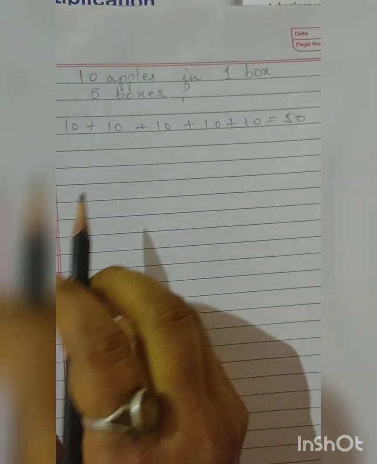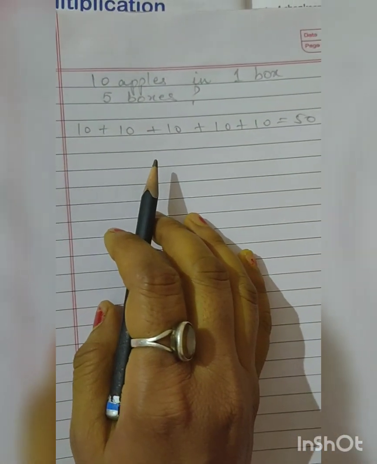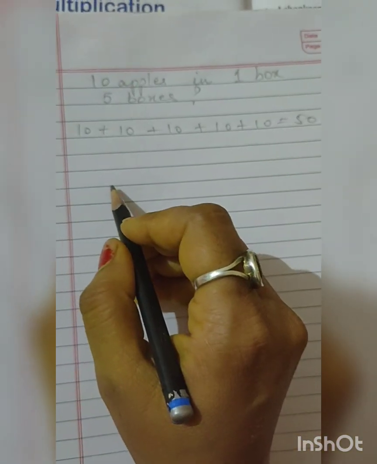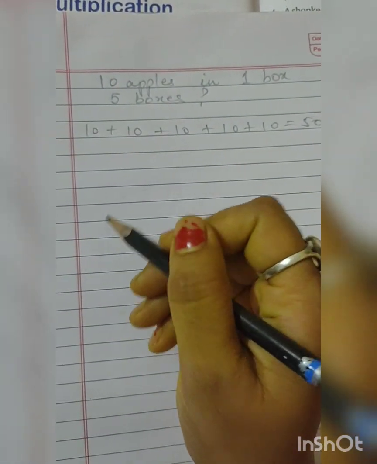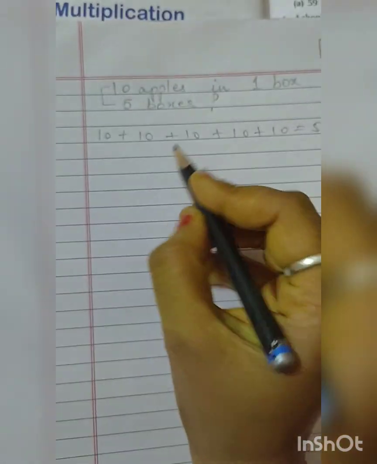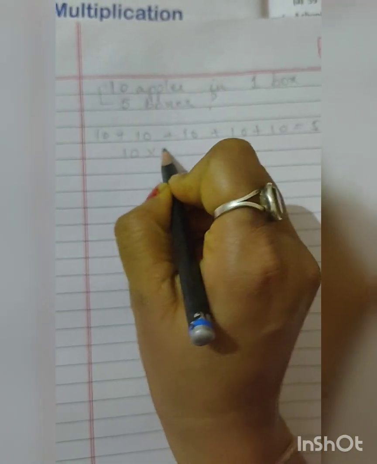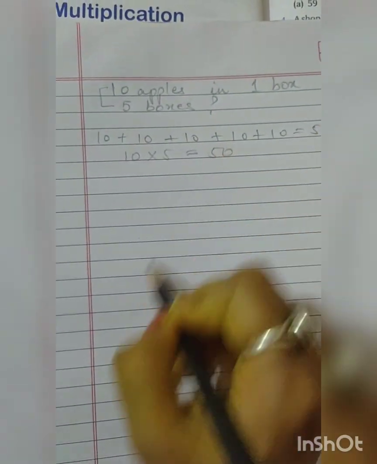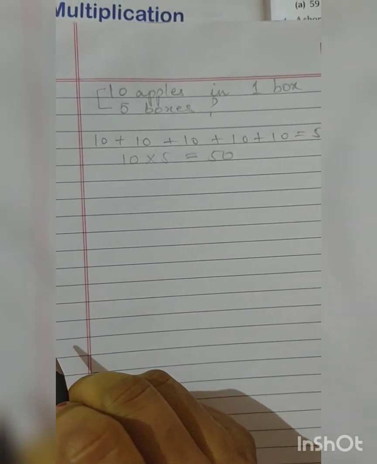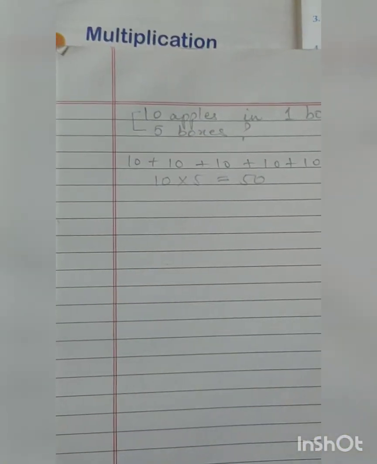But if there is a very large number of boxes, we can multiply instead. Here also we can do the multiplication to simplify our calculation. So 10 fives are 50 apples in 5 boxes.